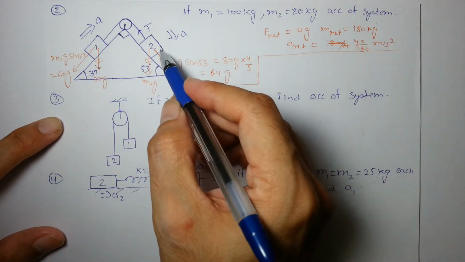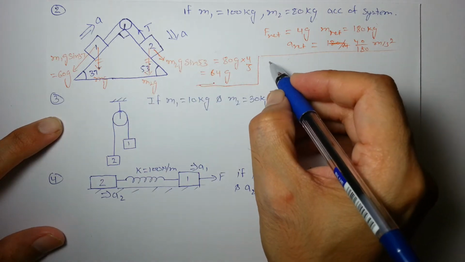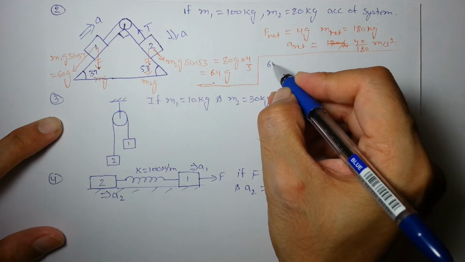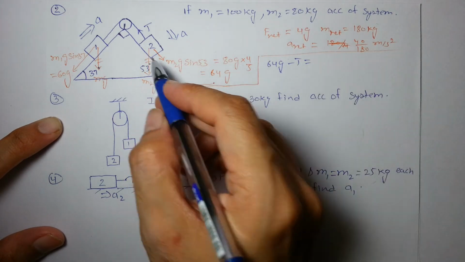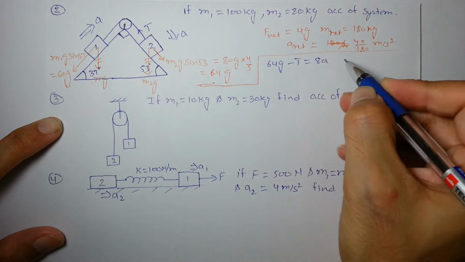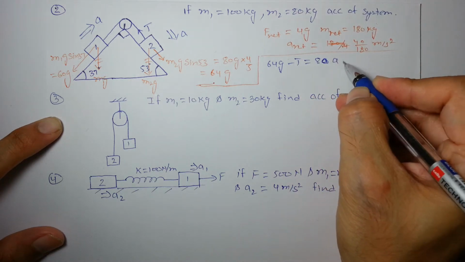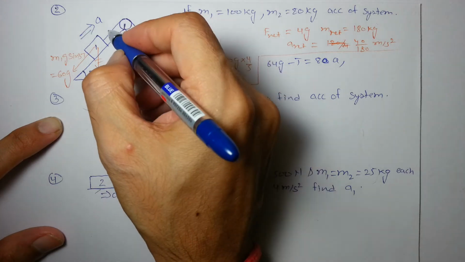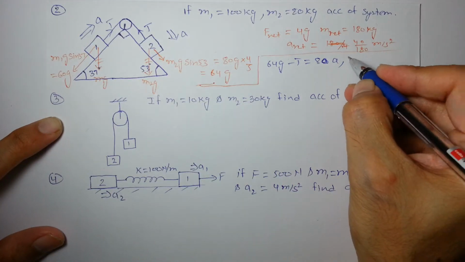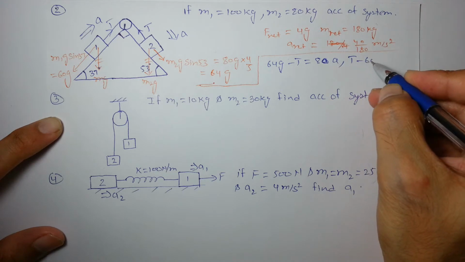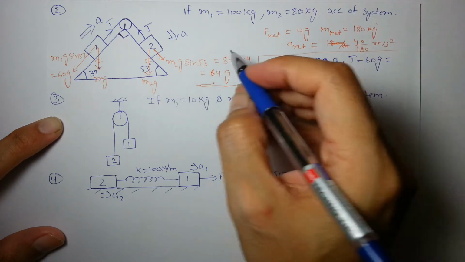And write down the equation. In this, I will write down the downward force, because the acceleration is downward: 64g minus T is equal to m2a, which is 80a. And the next equation for this will be, as upward acceleration is there, T is greater than 60g, T minus 60g is equal to 100a.